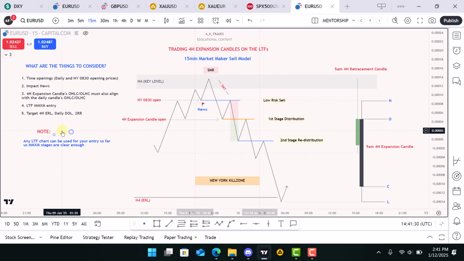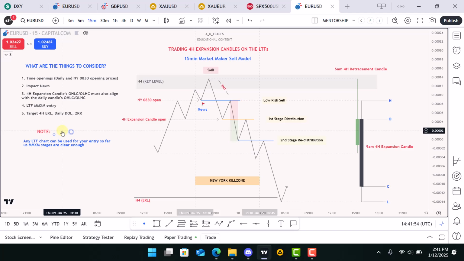So what do I mean? For the past weeks, I've been talking about me trading the weekly, the 4-hour and the 15-minute chart. Now there are times that the 15-minute chart, which I usually use as my entry model, does not provide me with a very clear market maker model.